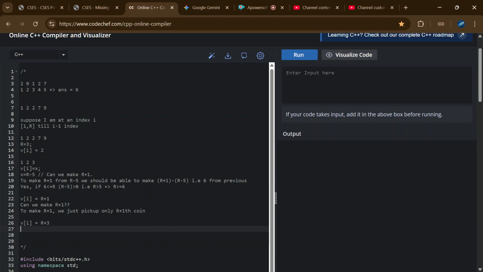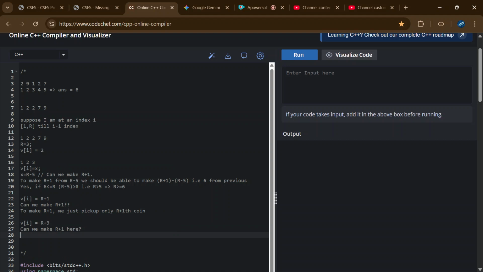Can we make r plus 1 here? See, we can make from 1 to r, and we want to make r plus 1 here from previous elements.